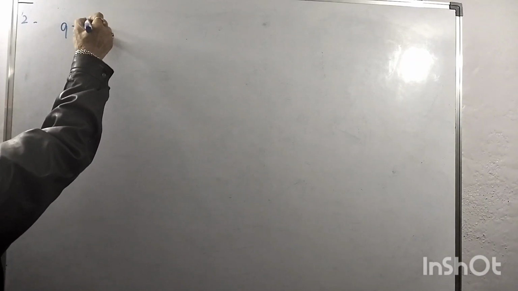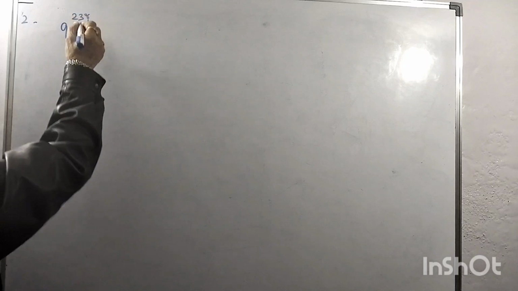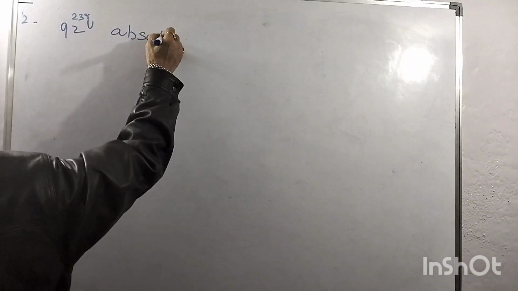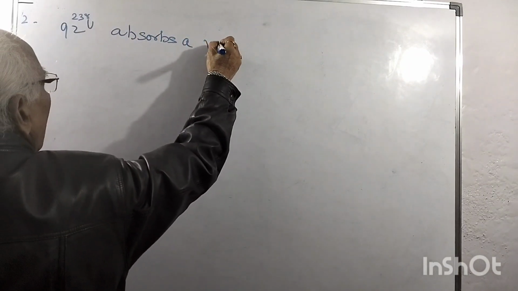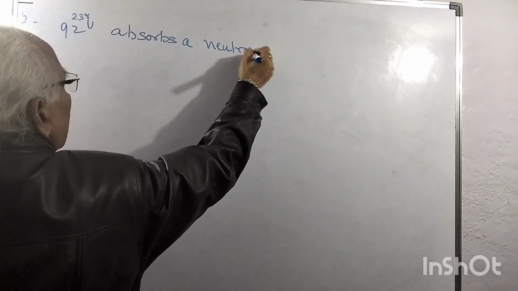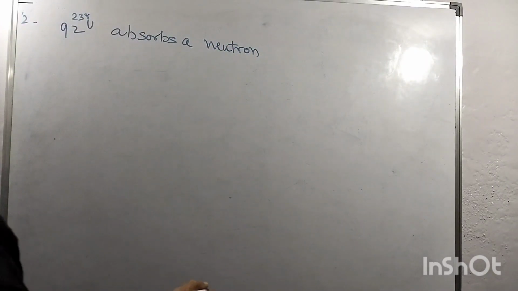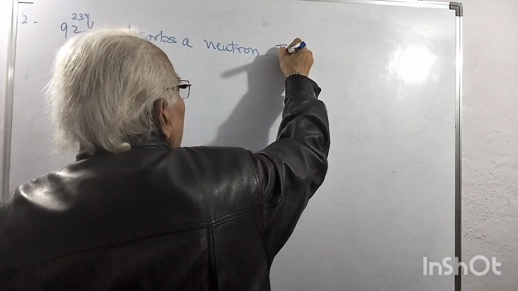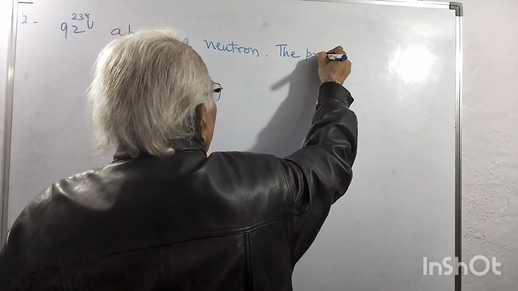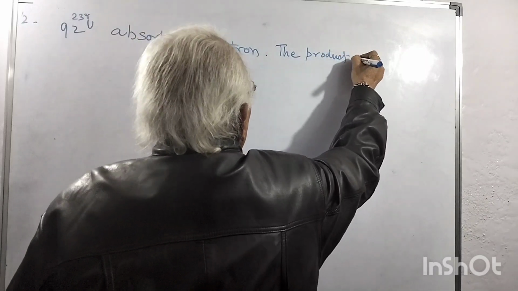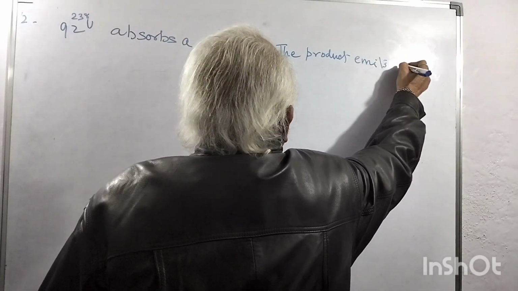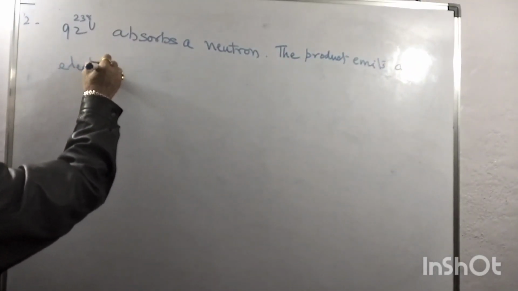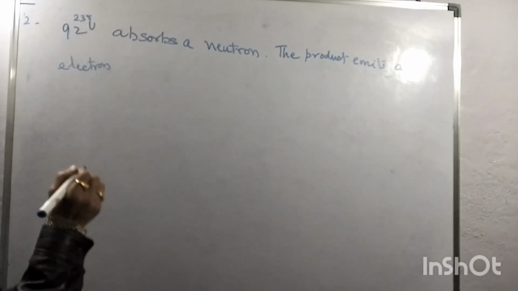Uranium 92, 238 absorbs a neutron. The product emits an electron.